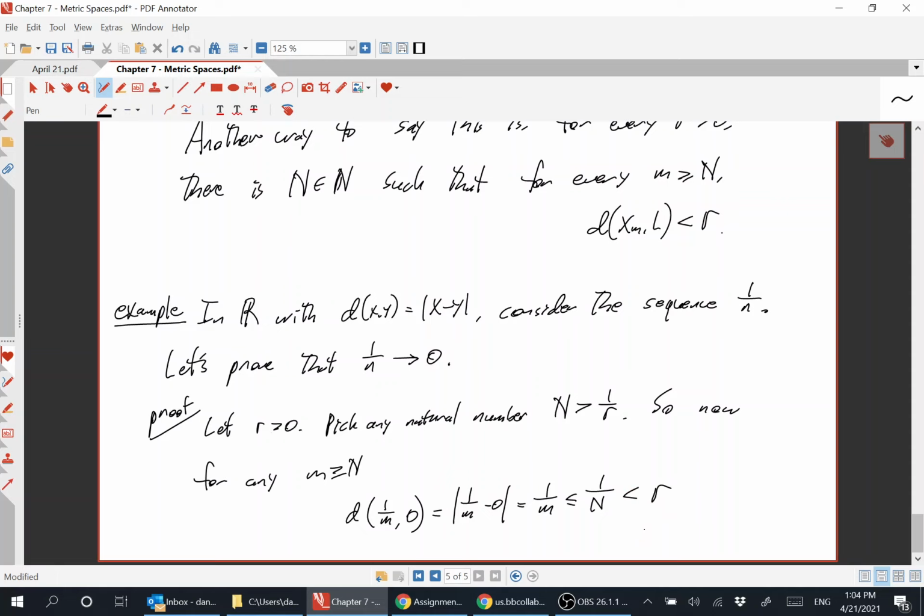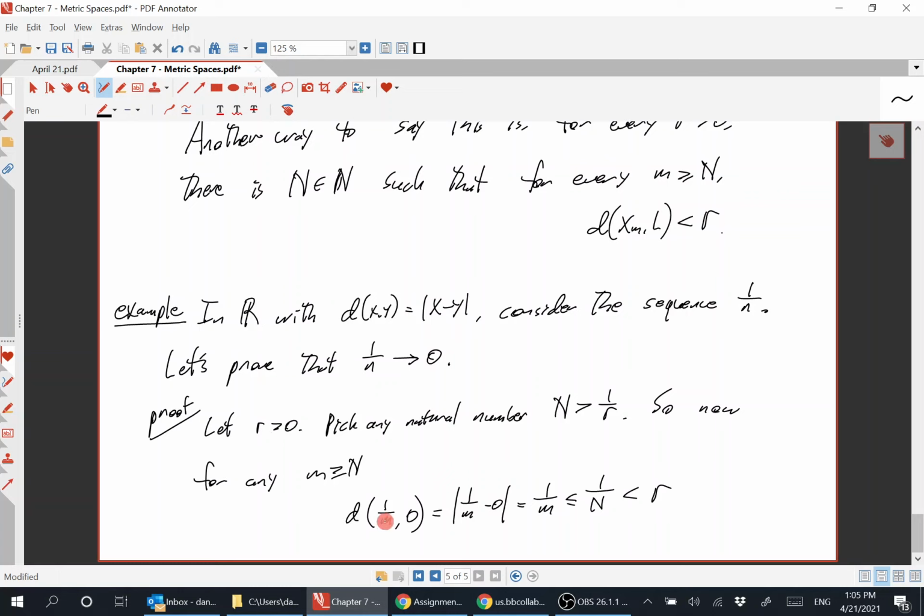So like if r is 10 to the negative 20 or something slightly smaller than that, then at 10 to the positive 20, the sequence gets stuck in the ball of radius r around 0.